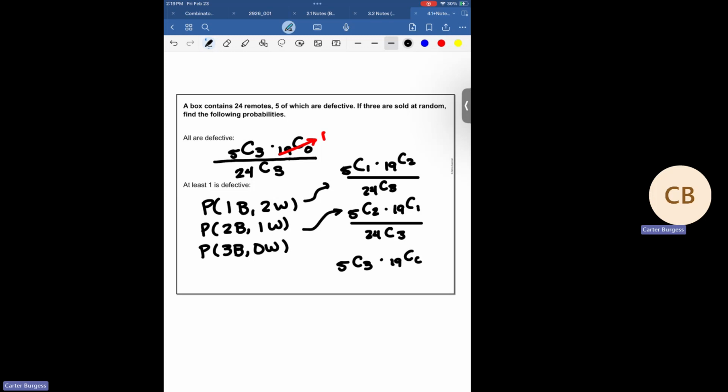Might as well, right? 19 choose 0 divided by 24 choose 3. And what are we doing with each of these probabilities? Or statement, we add the probabilities together. This is how we would do it if it was like at least two kings, where we could get a third king or a fourth king as well. We would do this exact same thing.